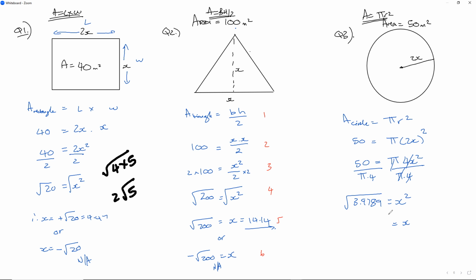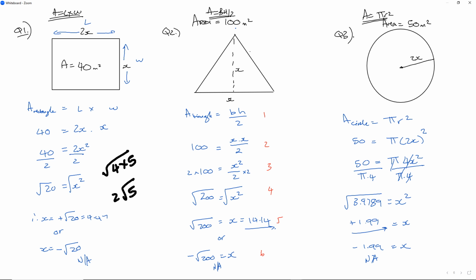And that's going to become 1.99, and we'll have a positive and a negative 1.99. But we know that the negative will be not applicable because we can't get a negative length. So that's going to be plus 1.99 for that.